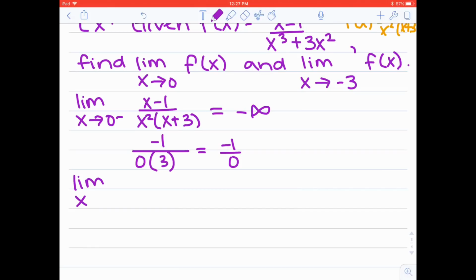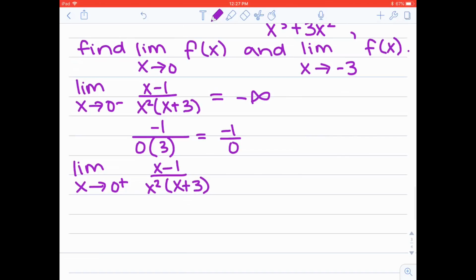Next, we want to look at the limit as x goes to 0 from the right. So again, on this one, if you have a number that's 0 basically but a little bit positive, and you're subtracting 1, that's still negative 1. 0 squared is still going to be 0. 0 plus 3. So again, we have negative 1 over 0.